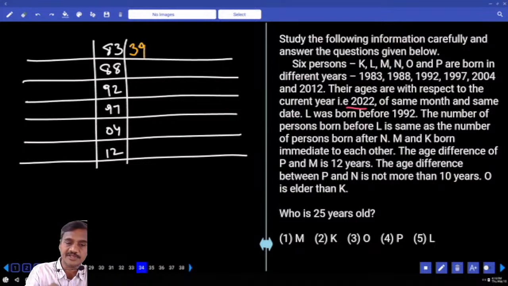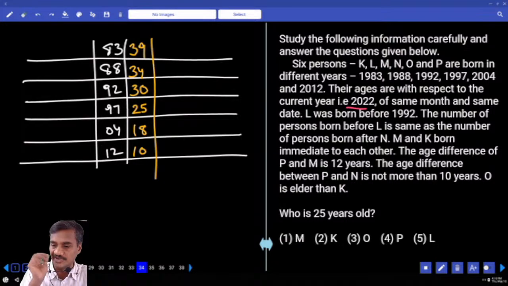Then the next one, 83 plus 5 is 88, so 39 minus 5 is 34. Now plus 4, minus 4 is 30. And here plus 5, minus 5 is 25. And here plus 7, minus 7 is so much? 18. And plus 8, minus 8 is 10 years. Now this is the information given.